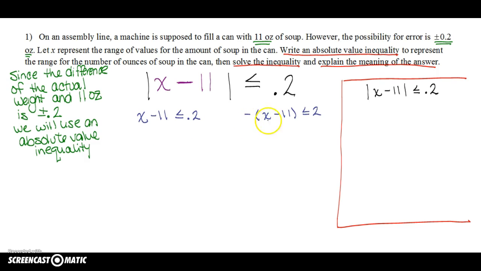The opposite of x minus 11 is less than or equal to 0.2. And the word that goes in between is and. To solve the left-hand side, I add 11. So that will be 11.2. I trust you can do these without a calculator.